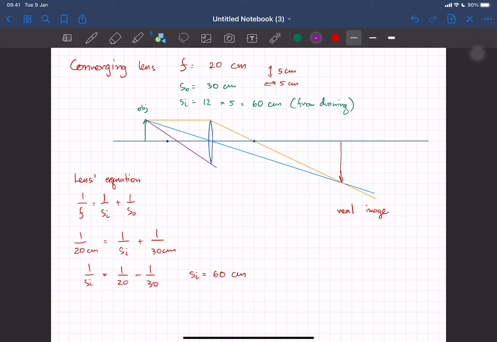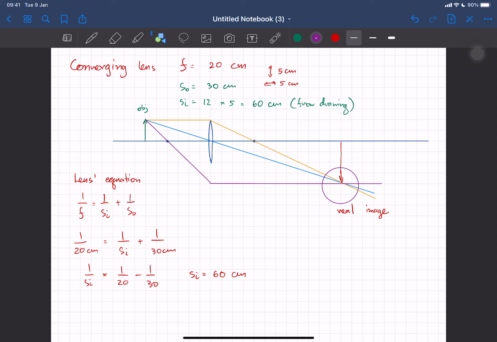Well, okay, the lens is not large enough, but let's assume that the lens is large enough. Light coming from the focal point going through the lens will go out on the other side in a parallel way, and you can see that that's what's happening. So they also intersect at the same point.